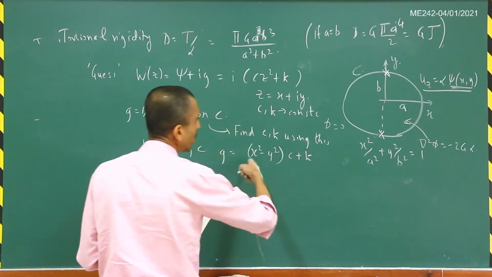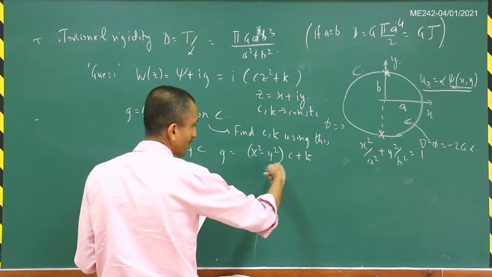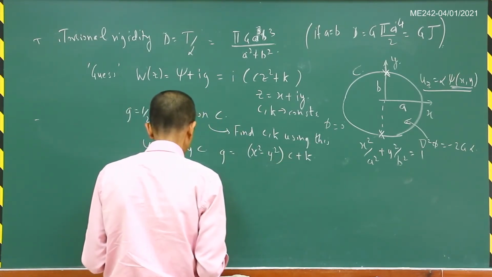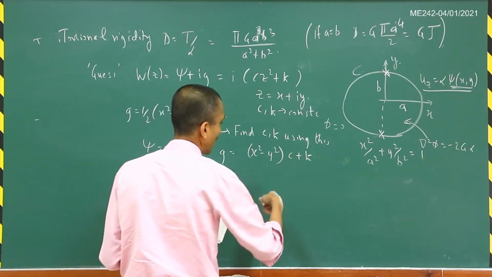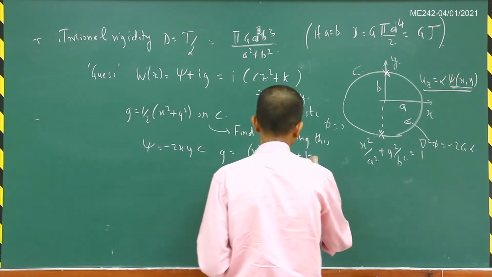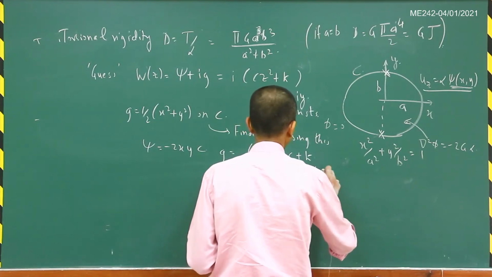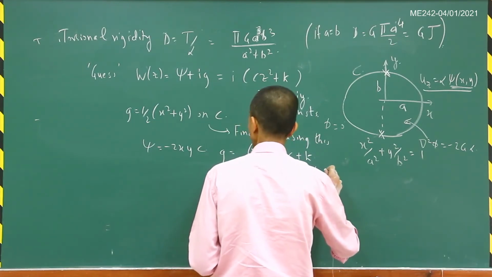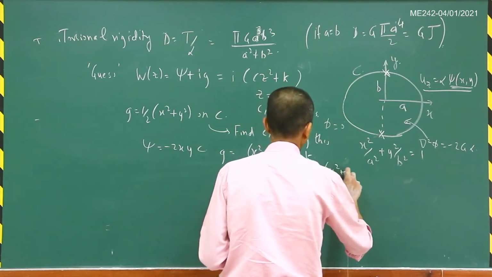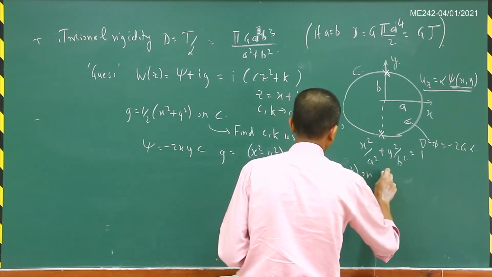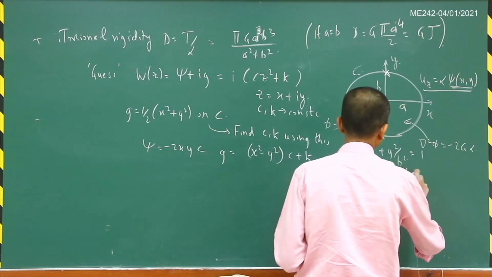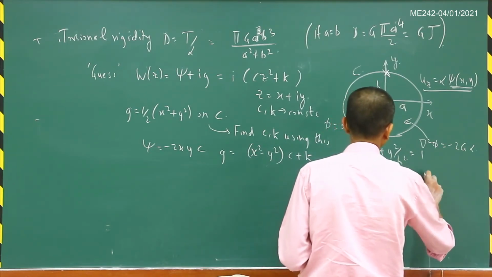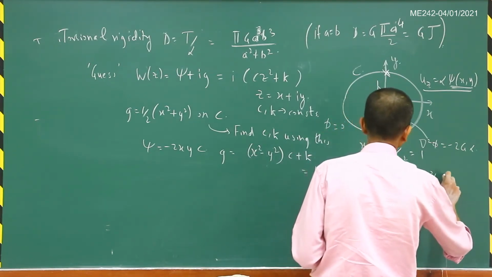Now you write that this is equal to half of x square plus y square on the boundary, where the equation is x square by a square plus y square by b square is equal to 1.